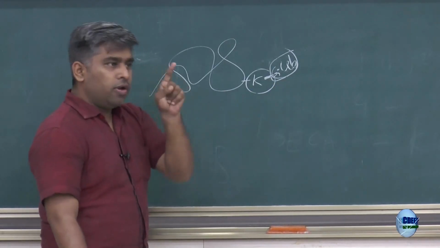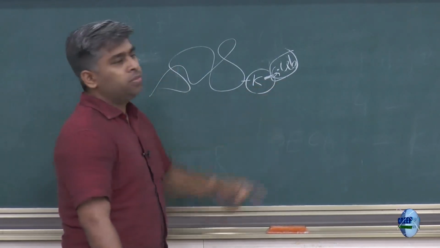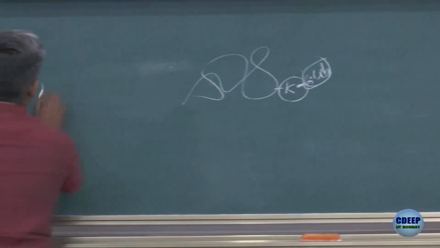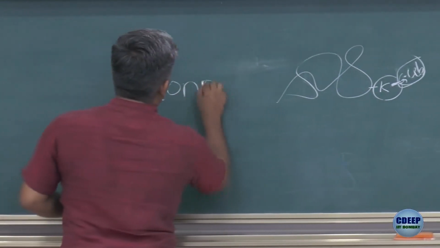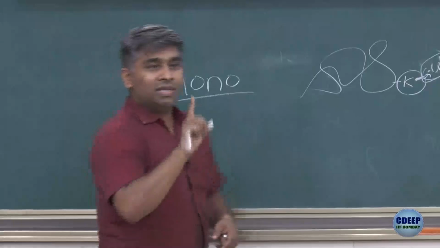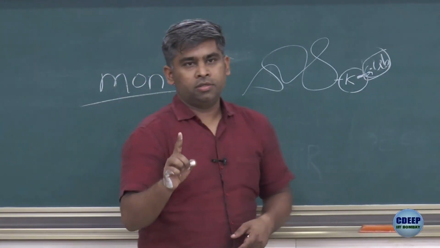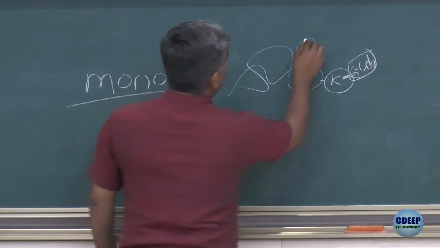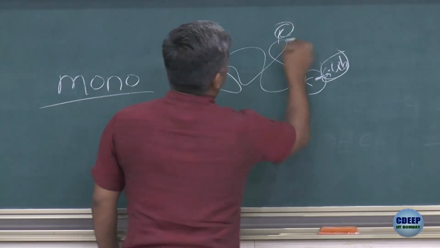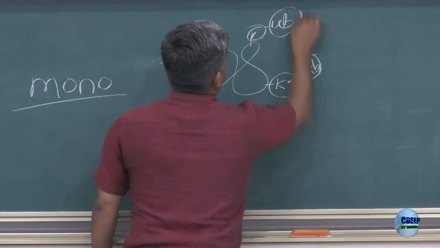If only one ubiquitin comes and attaches, this becomes monoubiquitination. Why monoubiquitination? A single ubiquitin came and attached. If there is another lysine here, another ubiquitin will come and attach.